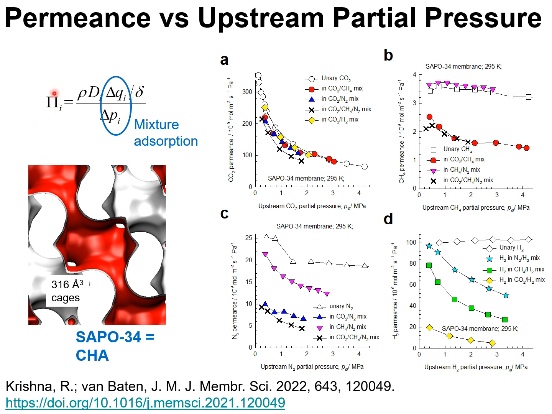Just to remind ourselves, the permeance can be written as the framework density times the diffusivity times the driving force. This is the difference in the loading on the upstream phase minus the loading in the downstream compartment, divided by the difference in the partial pressures. And this is the membrane thickness.